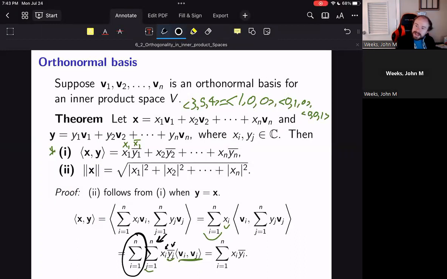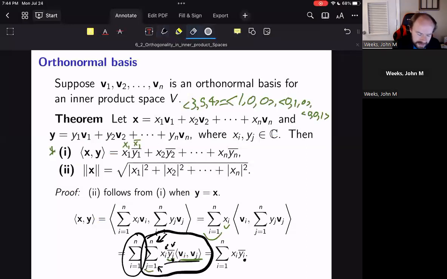So I can compress these two sums into one, because if I evaluate this term for all j, given a fixed i, then there's actually only one term left standing. There's only one term that is non-zero inside of this inner sum, and it's going to be the one where j equals i. You can see here with this way of writing it, y sub j became y sub i right here.